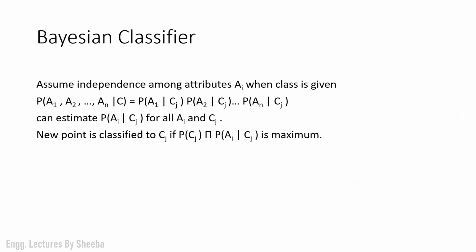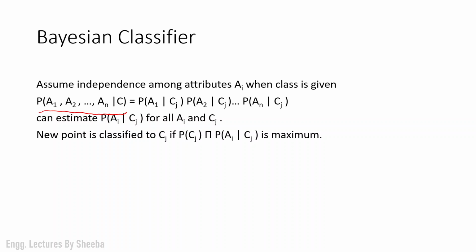So how it is being done is, we are assuming that there is independence among attributes when the class is given. Suppose you want to find the probability of all the attributes given C, that is the probability of A1, A2, A3, etc., which are the attributes, the column headings in the given data set.